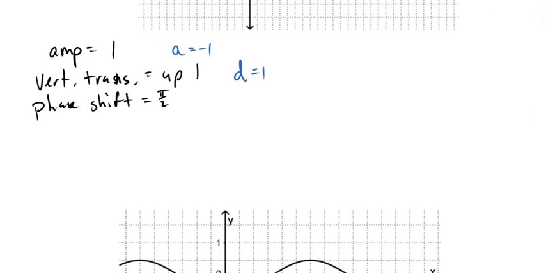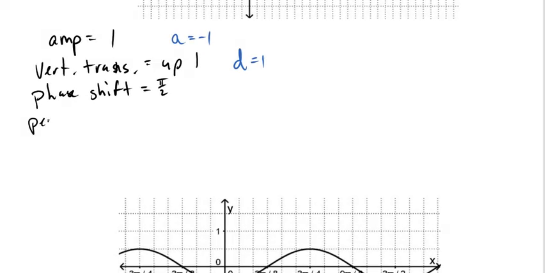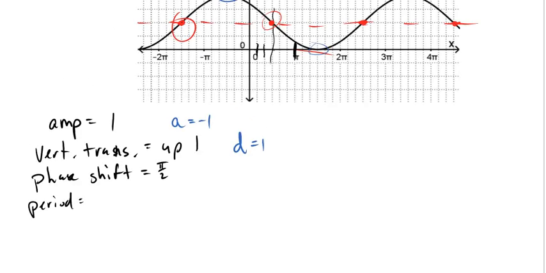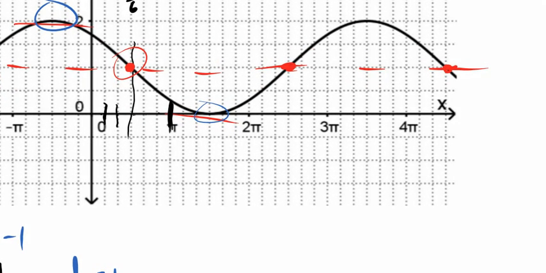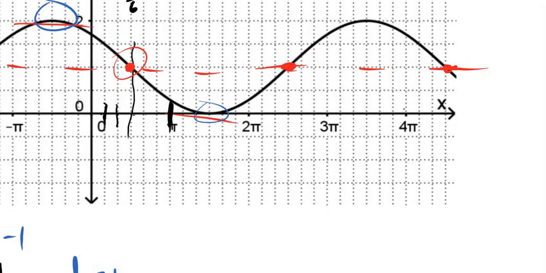Okay, and our period, here's where it starts to get even trickier. So we got to find our stop. So if that was our start, this is our stop. 4 pi. What would 4 pi be in terms of pi over 6? Because that's what we're counting.